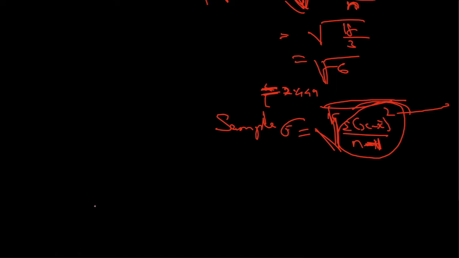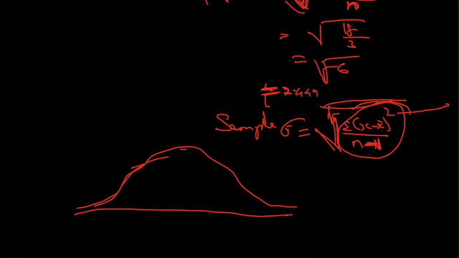Say for example, if I'm taking a normal distribution, assume this is a normal distribution, any data goes into a normal distribution when you distribute it. Imagine this is the population distribution, population data distributed normally.